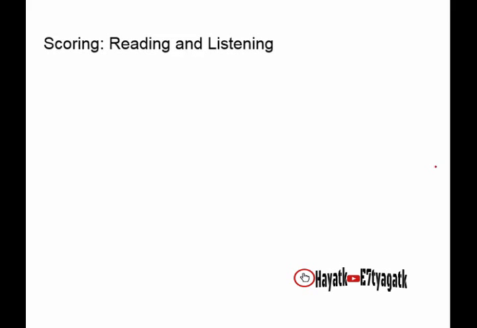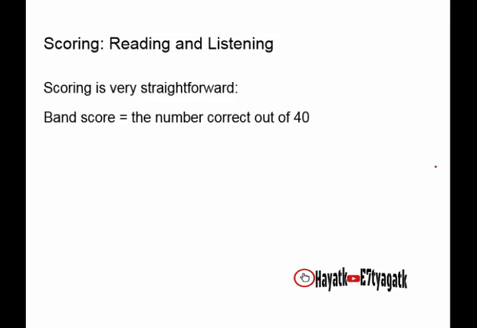Let's talk about specific sections and the scoring involved in those sections. On the reading and listening sections, the scoring is very straightforward. You're going to be filling in short answers and multiple choice questions, and the types of questions you receive in that section are pretty direct and standardized. Both sections, reading and listening, will always have 40 questions.